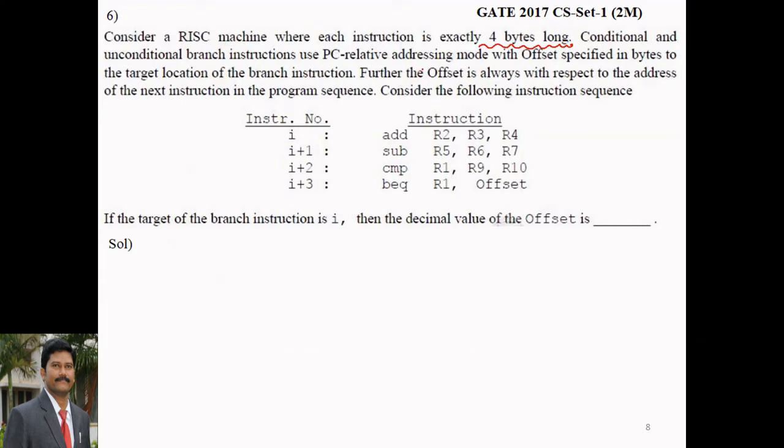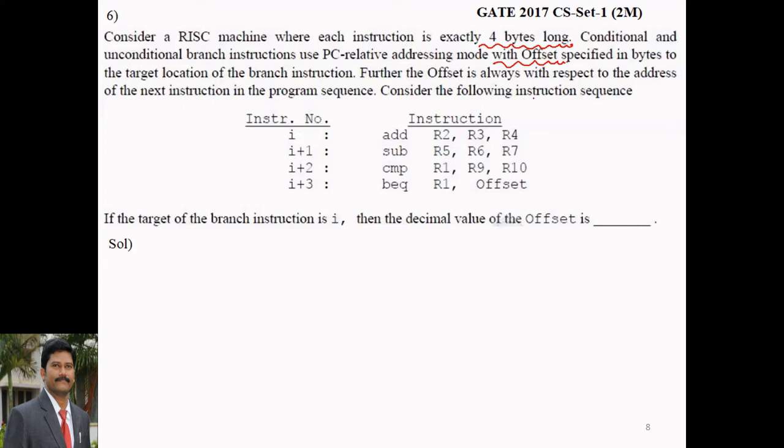That means the branch instruction jumps from one location to another by using PC relative addressing mode. Whatever the PC address, that offset will be added to jump, with the offset specified in bytes to the target location of the branch instruction. Further, the offset is always with respect to the address of the next instruction in the program sequence.